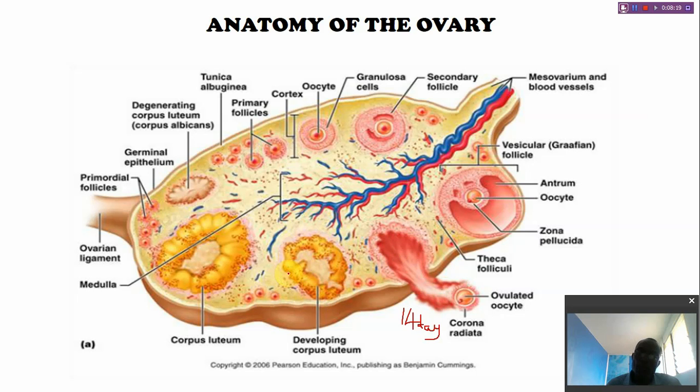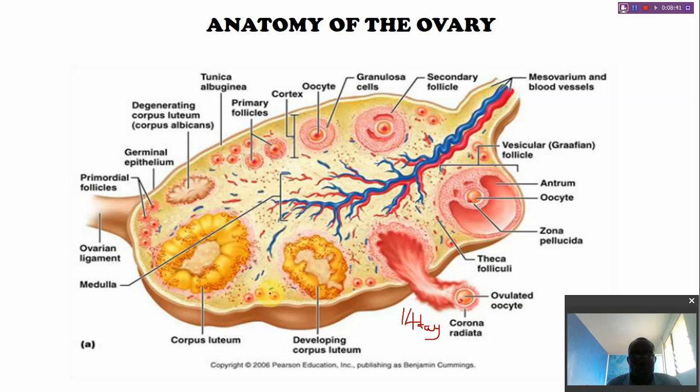So when it is released into the bloodstream, then the HCG becomes very high when there's a pregnancy. So the pregnancy hormone, which is the human chorionic gonadotropin, is released into the bloodstream. That indicates whether one is pregnant or not.